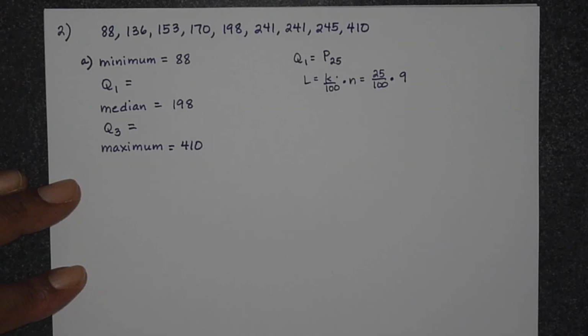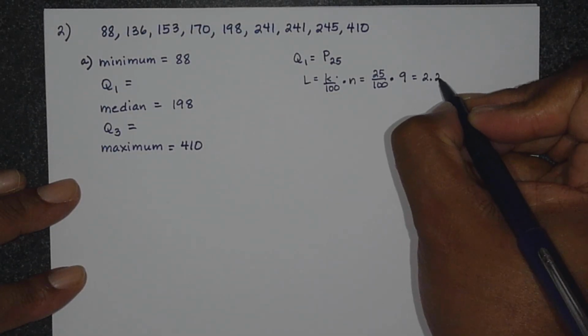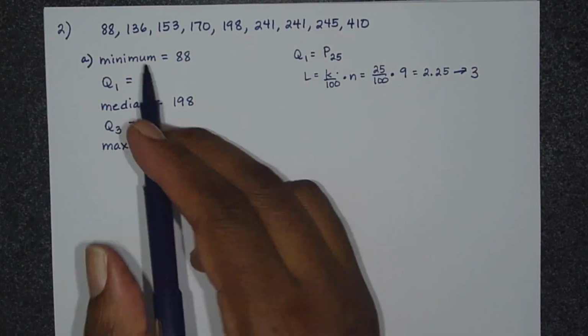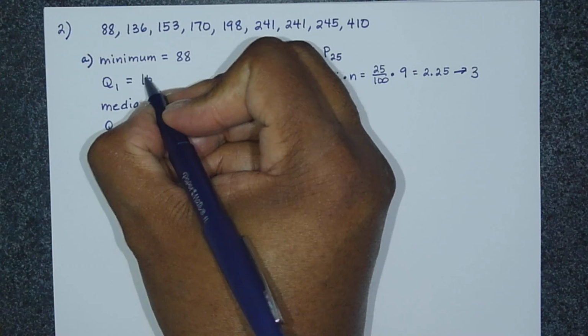So 25 divided by 100 times 9 gives us 2.25, but we need to round that up to 3. So the third number in that data set will have to be 153. That's your Q1.